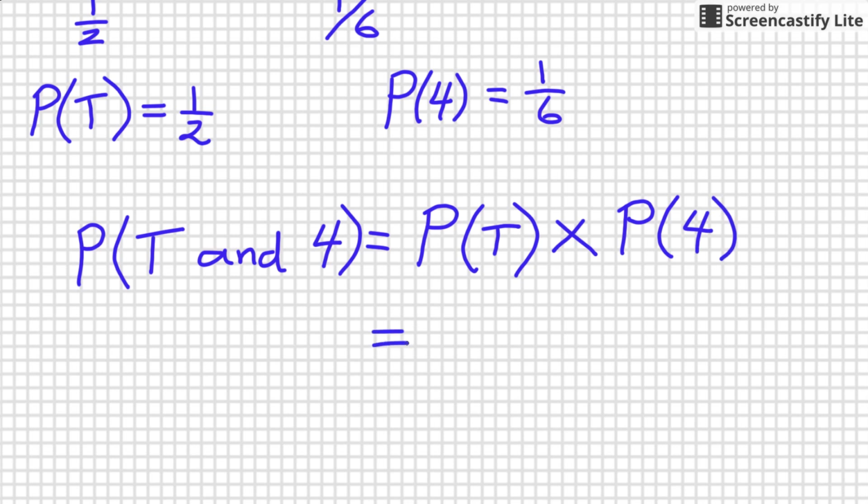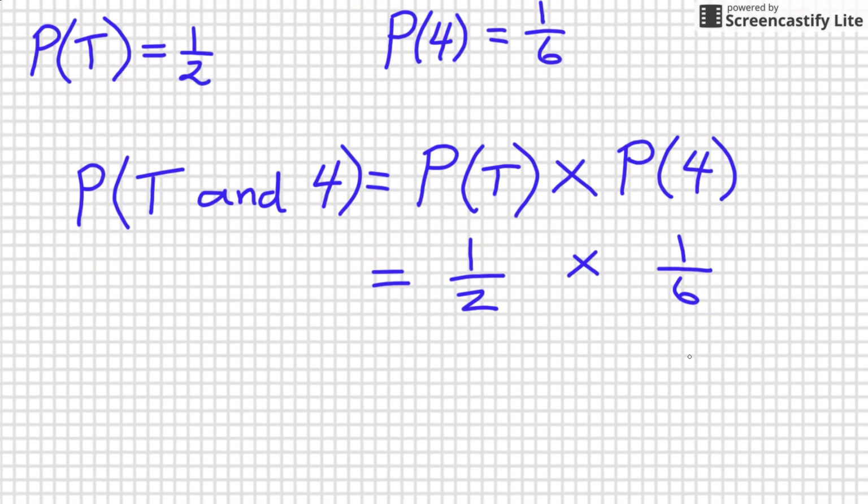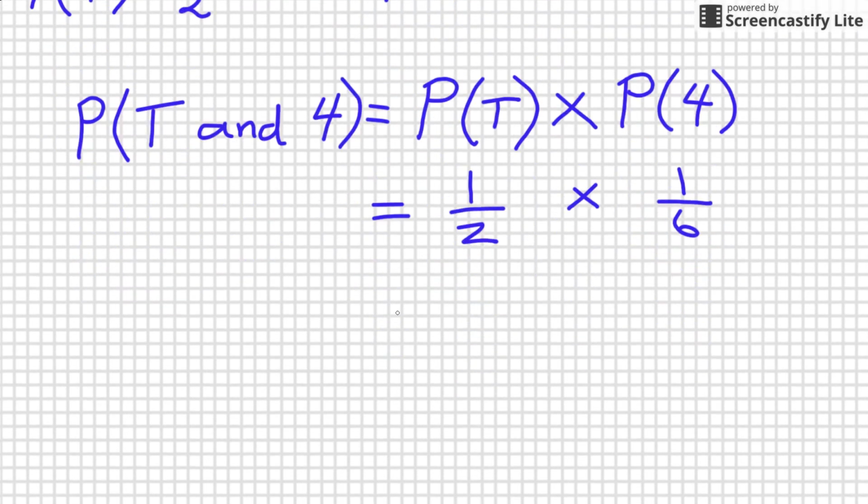So this means we have a 1 in 2 chance of getting a tails times a 1 in 6 chance of getting a 4. So this then comes out to 1 over 2 times 1 over 6 is 1 over 12. So here's our answer. The probability of getting tails and rolling a 4 is 1 in 12.